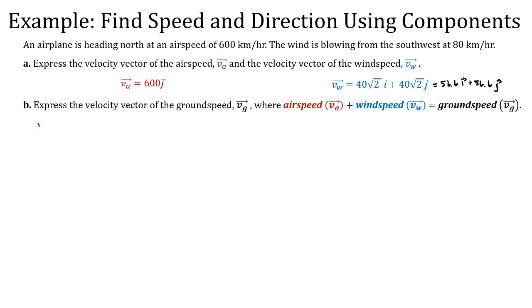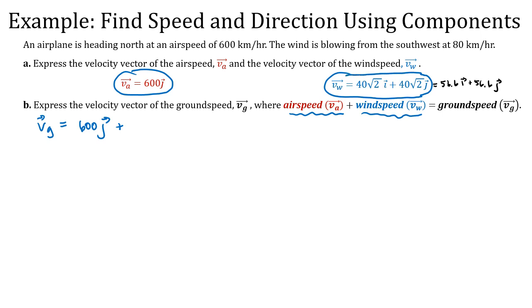ground speed. So V sub G is going to equal whatever V sub A was, which is 600 j, plus whatever the wind speed vector was. So the wind speed vector we found to be 40 root 2 i plus 40 root 2 j.